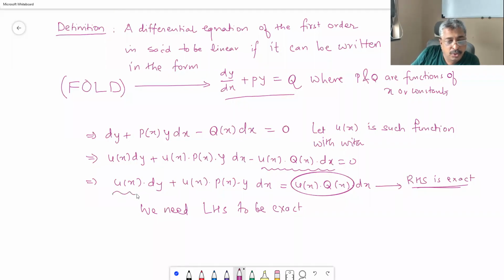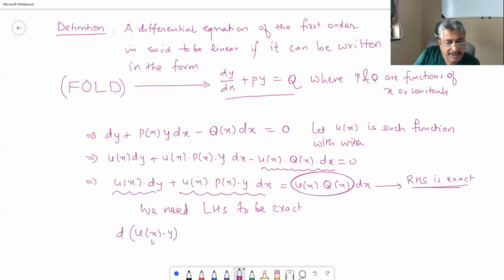Now if you see these two terms, one is u of x into the derivative of y. So if I multiply u of x by y and write it like this, then its first term is going to coincide.